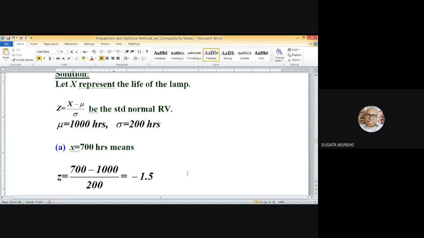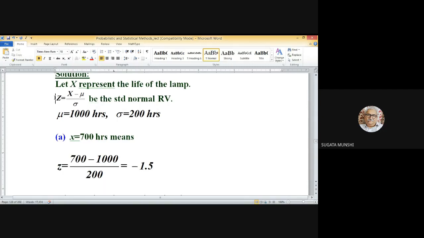Now, what to do? You don't have that minus part in the table.